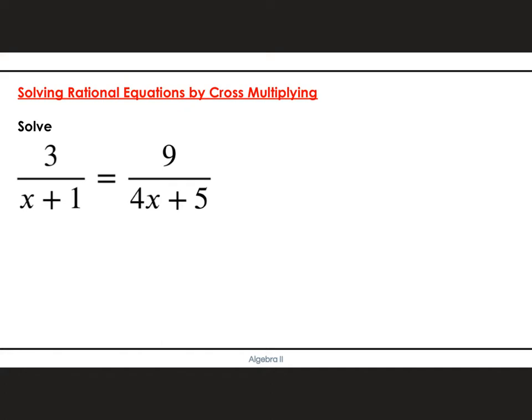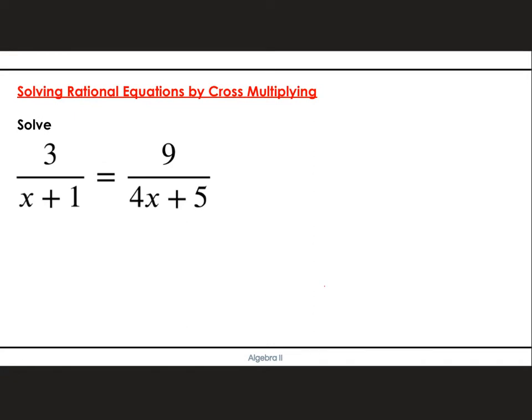So in this particular problem, we have 3 over x plus 1 is equal to 9 over 4x plus 5. So I am going to cross multiply. It doesn't matter which side you do first, it makes no difference.